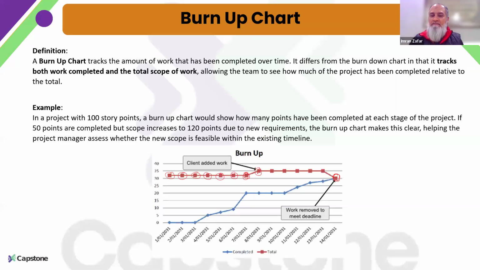So this will also tell us about any work that is added later on in your project, and any work that is removed to meet the schedule. Because if you remember, our scope is variable, but our schedule and cost are generally fixed in Agile. So this burn-up chart will tell us how we are completing a certain amount of work, and if any work is added or removed later on during the project.